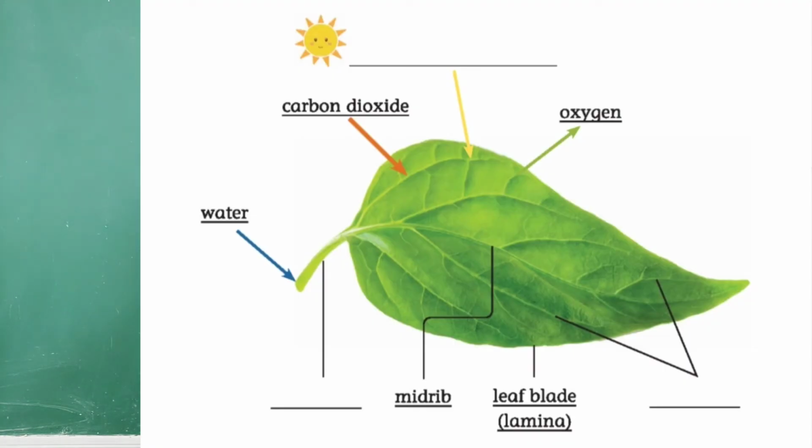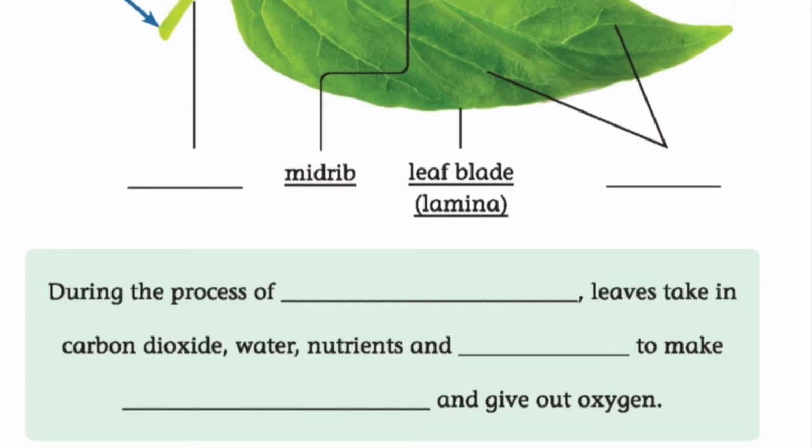First picture, sunlight. You can write sunlight over there, and carbon dioxide, oxygen, water, then leaf stalk, midrib, leaf blade, that is lamina, and veins. During the process of dash, leaves take in carbon dioxide, water, nutrients, and dash to make dash and give out oxygen.